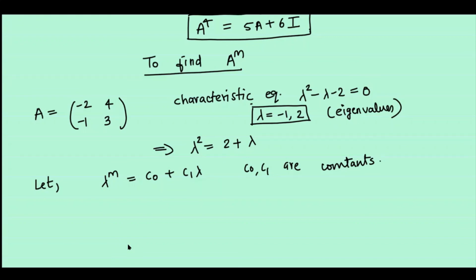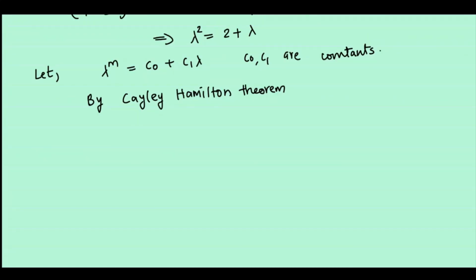Now by the Cayley-Hamilton theorem, we get A raised to m equal to C0 I plus C1 A. Mark it as equation number 1.